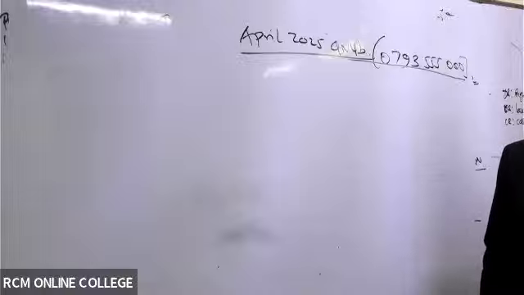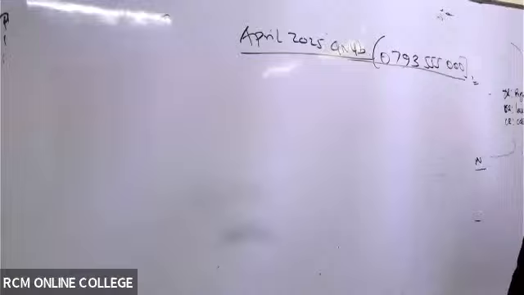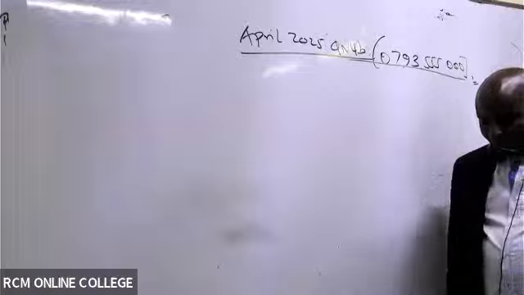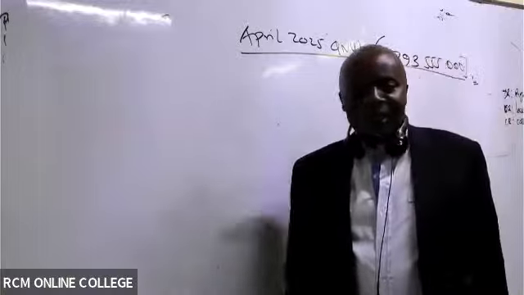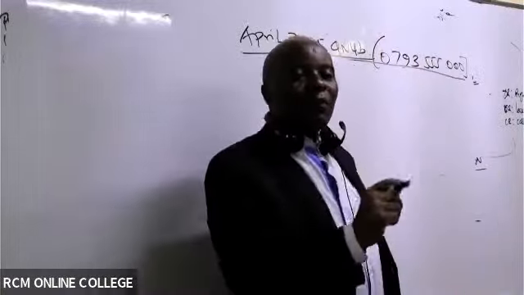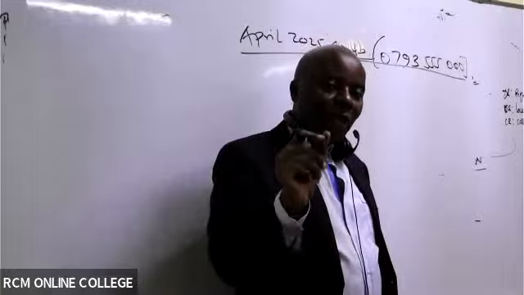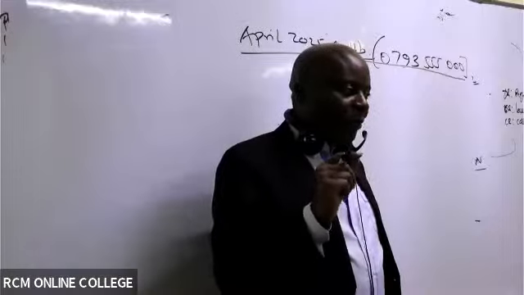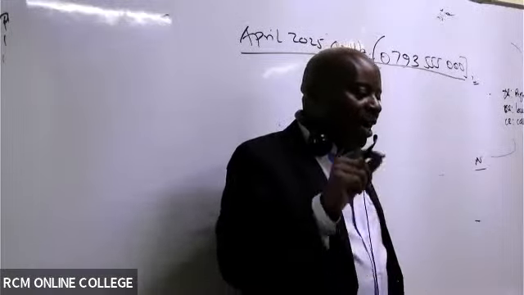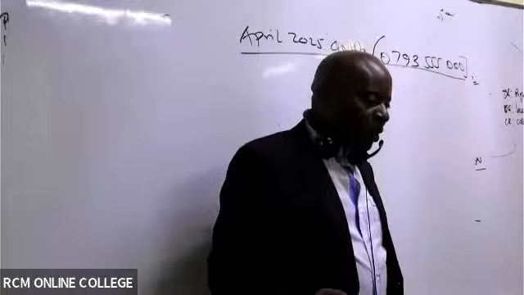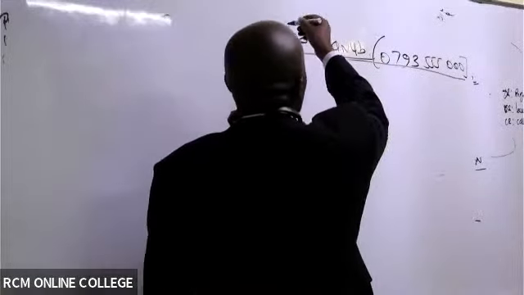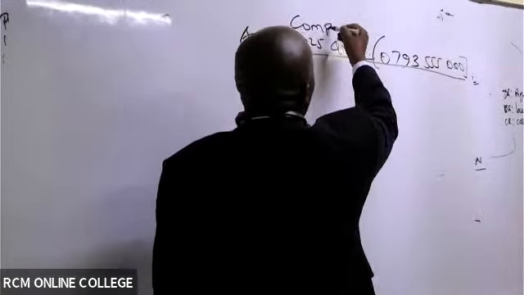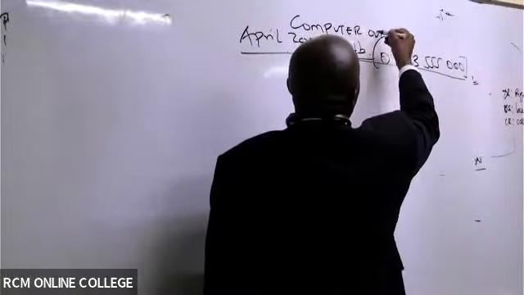So April 2025, question number 4. At this level, we are not going to do multiple regression analysis manually. Multiple regression analysis is never done manually. What will happen is they will give you a computer output.